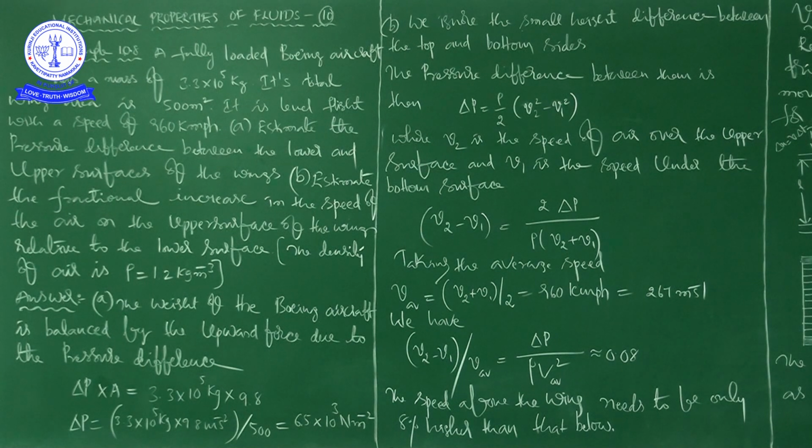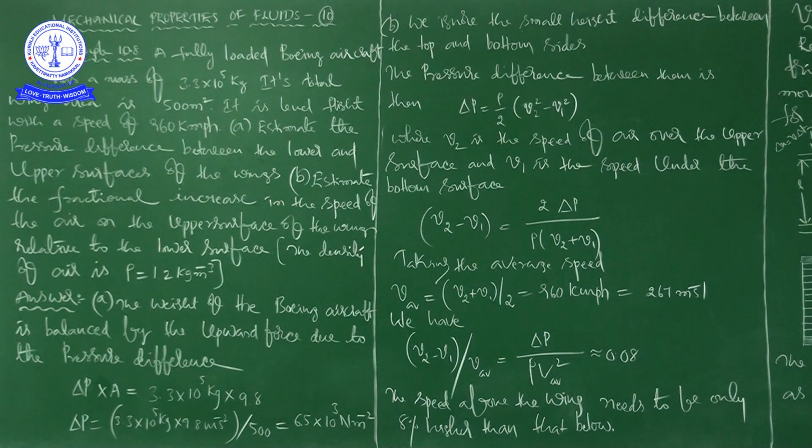It asks us to estimate the pressure difference between the lower and upper surfaces of the wings. Next, it asks to estimate the fractional increase in the speed of the air on the upper surface of the wing relative to the lower surface. They have given the density of air as 1.2 kilogram per meter cube.